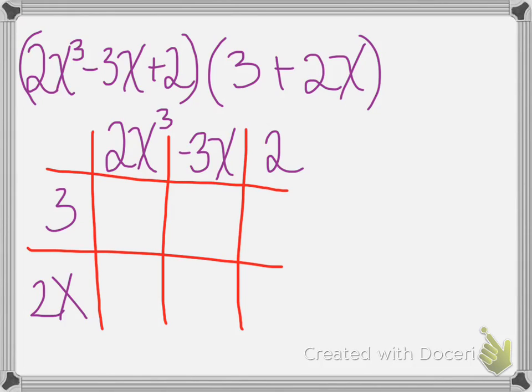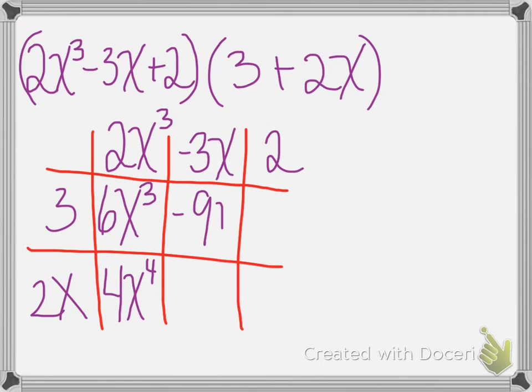You can switch up the top and the side, it doesn't matter. So when you fill in the chart, it should look like 6x cubed, 4x to the 4, negative 9x, negative 6x squared, 6 and 4x.